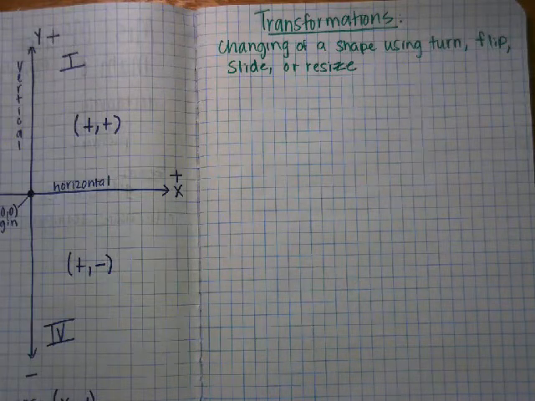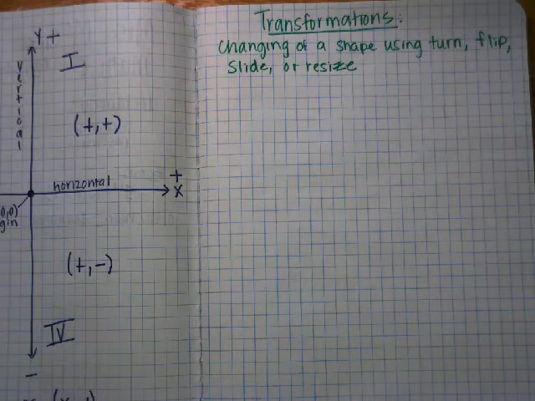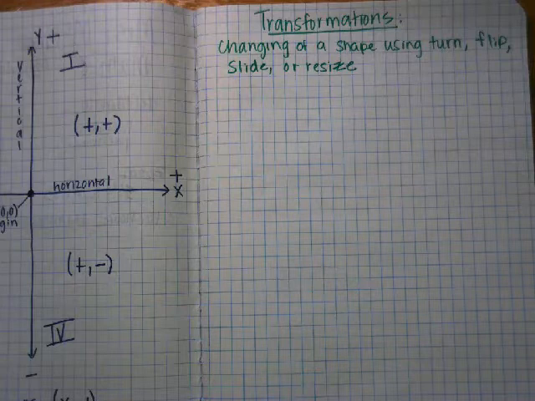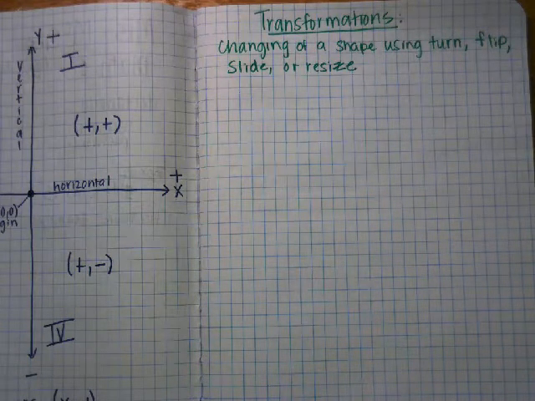When shapes are the same size and the same shape. Nobody? No one? Congruent, right? Remember congruent? Yeah, okay.